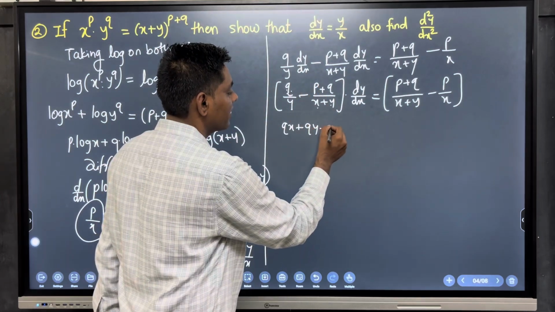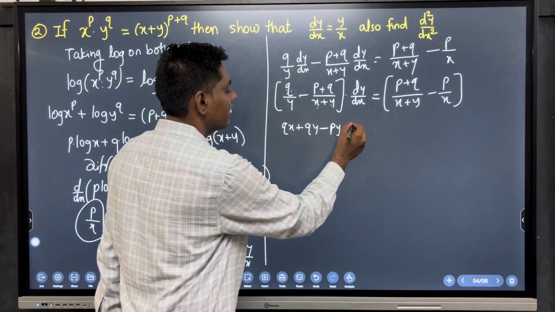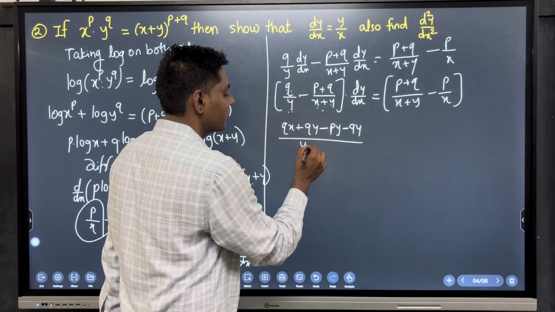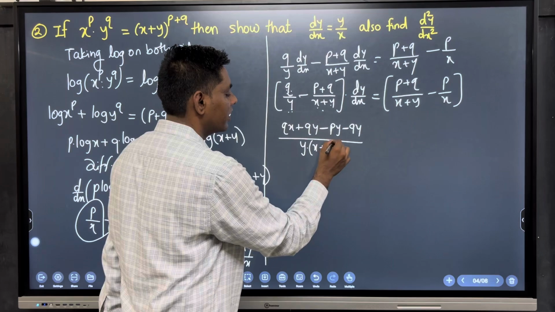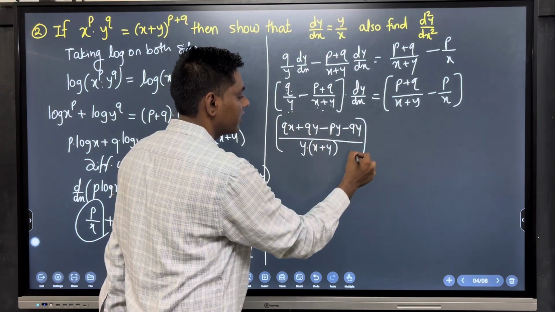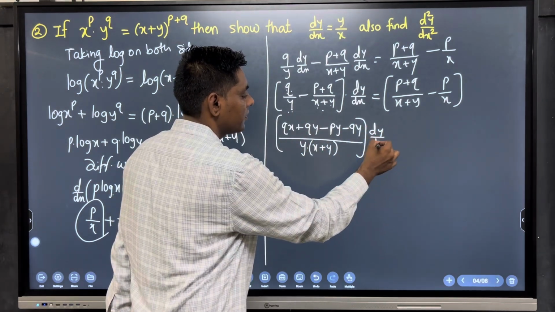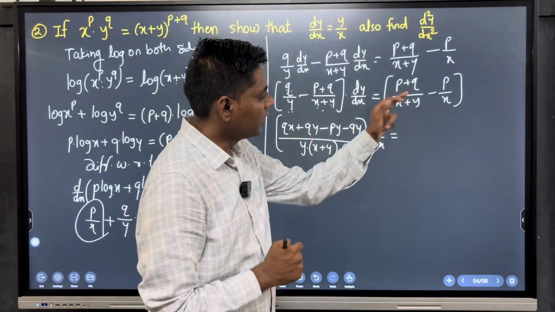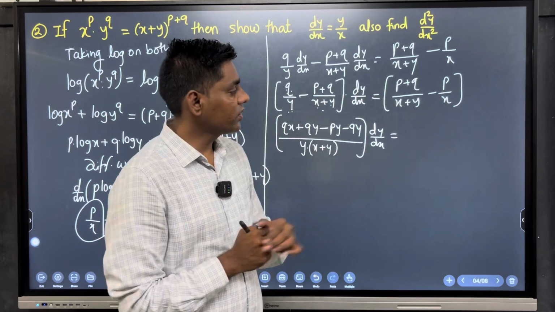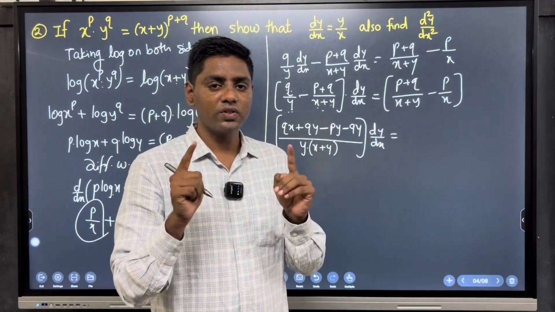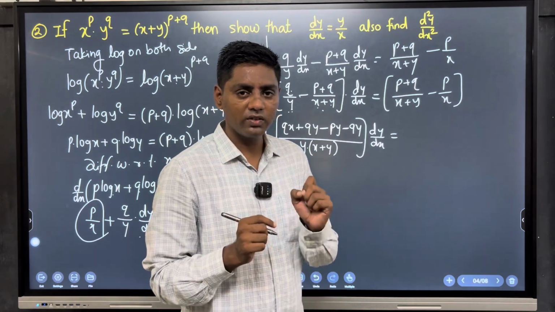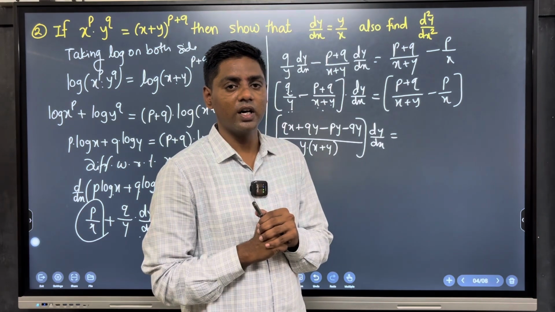So it becomes minus py and minus qy, divided by the product of the denominators. The denominator has two terms, we write down the product of the two terms and we get the answer. Next, equal to, take 1 minute and solve the cross multiplication very fast. Solve the cross multiplication and check your answer with my answer.